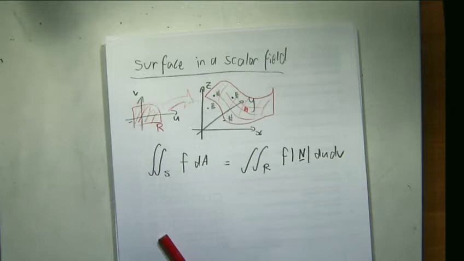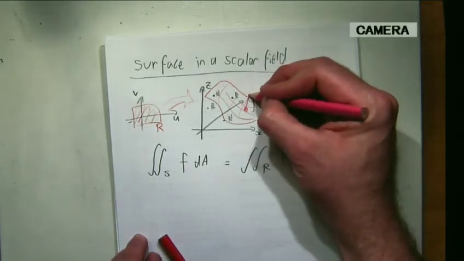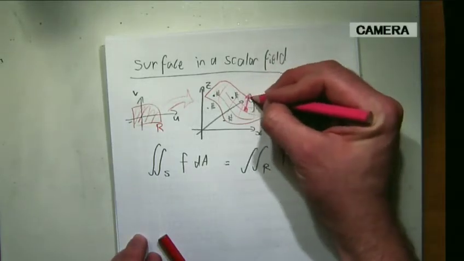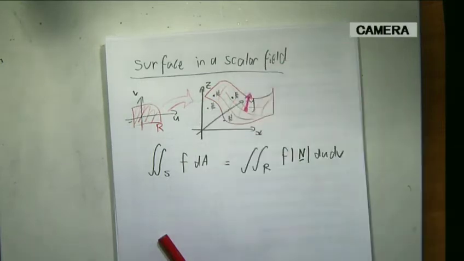Every point on the surface has a normal vector pointing in some direction, and it could be up or down, and you have to choose. The length of that vector, you're going to multiply it by the f, and that's how much the value of f is going to count at that spot.